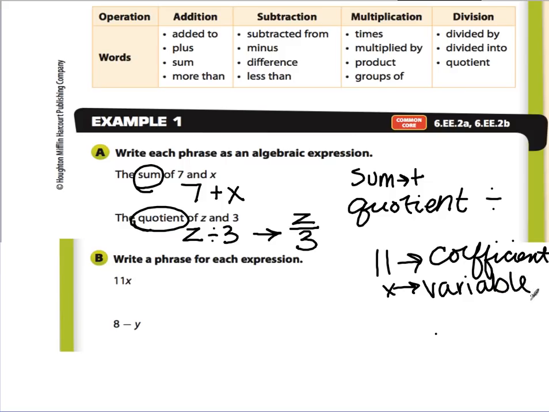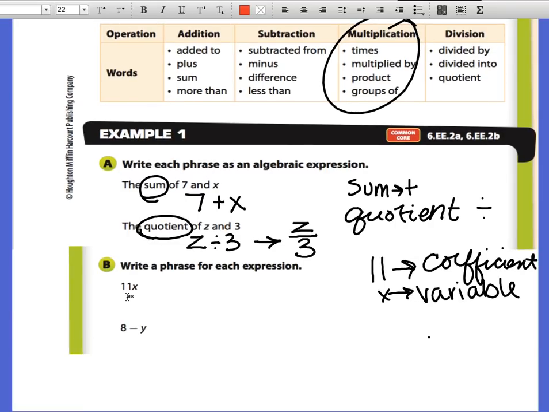When we have a variable and a number together, they're being multiplied, which is what makes the 11 a coefficient. So since they're being multiplied, I can use any of these words here. And I, in this case, am going to use product. So since I'm using product, I can keep my numbers in that same order, and I can say the product of 11 and y. So the product of 11 and y.